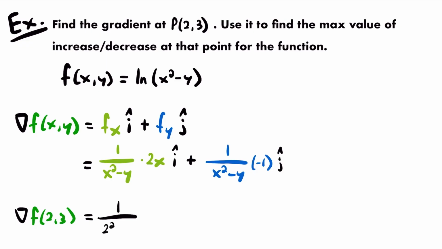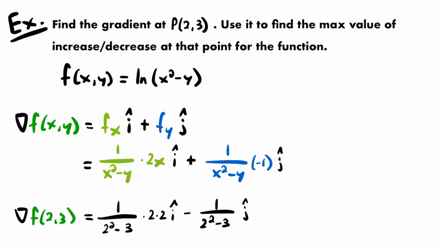So we have 2 squared minus y, which is 3, times 2x, so we have 2 times 2, times i, plus 1 divided by 2 squared minus 3 times negative 1. So I'll just multiply that into the numerator, which will make this whole term negative. So I'll erase this plus sign and make it negative and multiply by j.